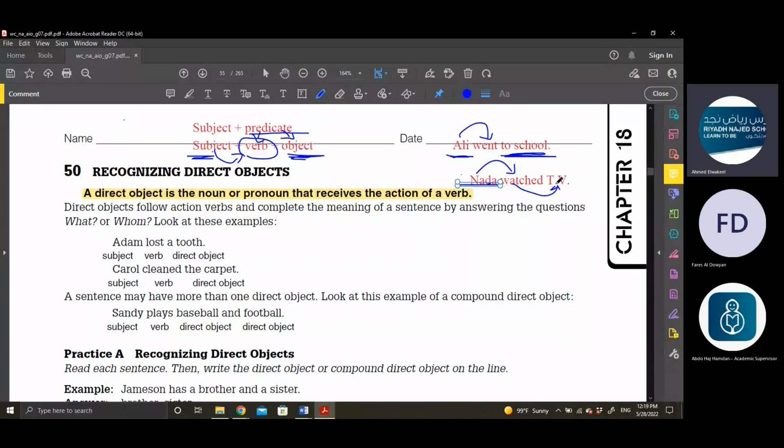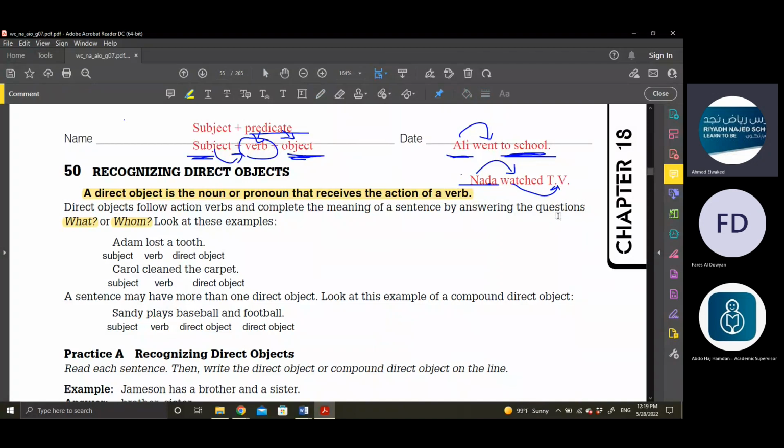So TV here, which is a noun, an abbreviation for television, receives the action verb watched. Consequently, we call TV a direct object. And usually, the direct object answers a question that starts with what or whom. What did Nada watch? She watched TV.